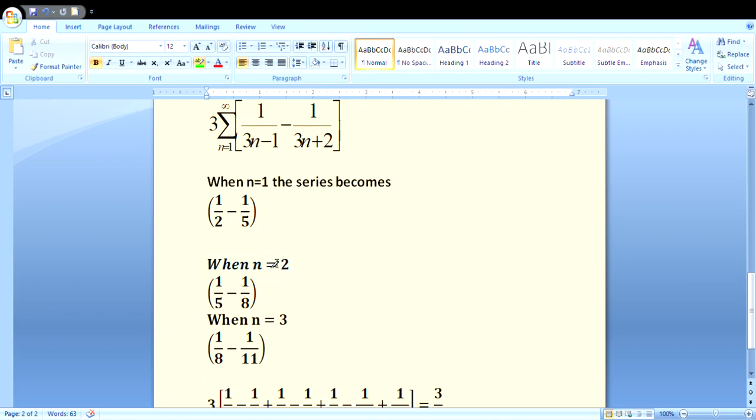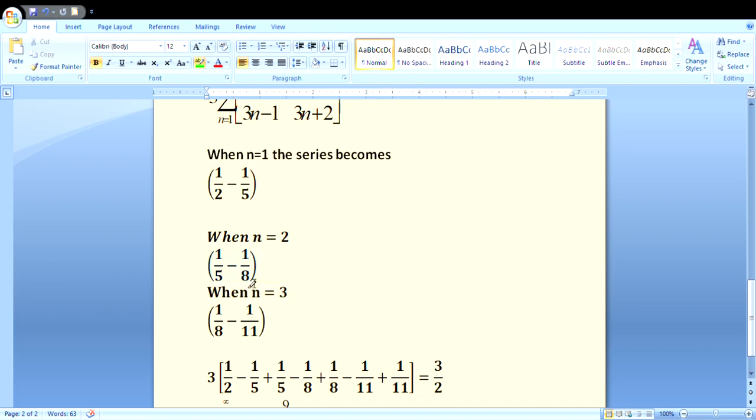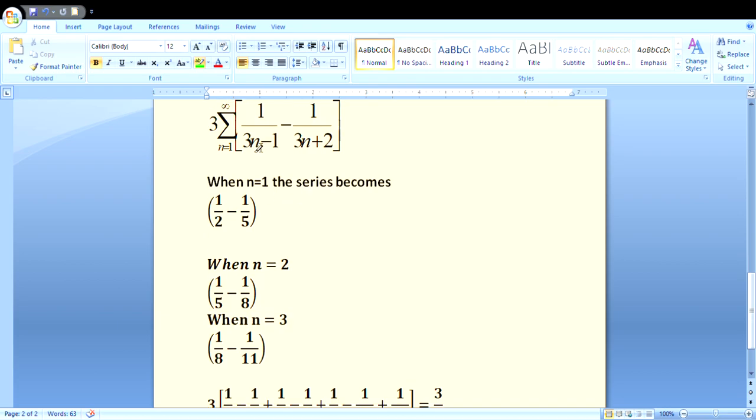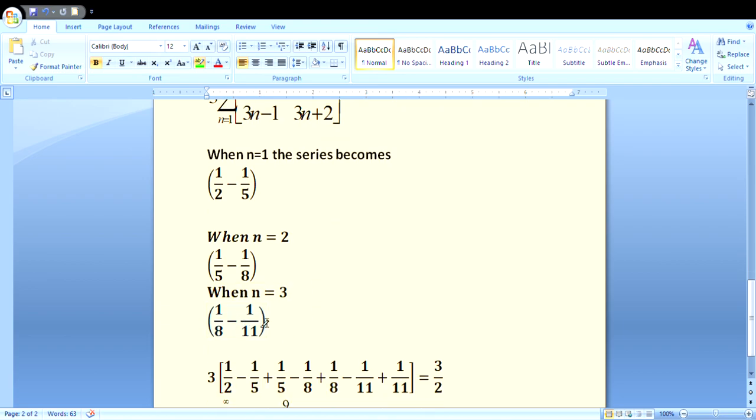Let's look at when n is equal to 2. 3 times 2 is 6 minus 1 becomes 1 over 5, and 6 plus 2 is 8, so this becomes 1 over 5 minus 1 over 8. Now when n is equal to 3, 3 times 3 is 9, 9 minus 1 is 8, so this becomes 1 over 8. Then 9 plus 2 is 11, so this becomes 1 over 11.